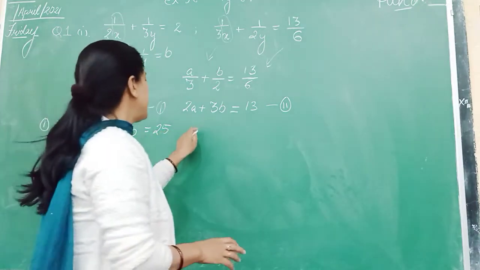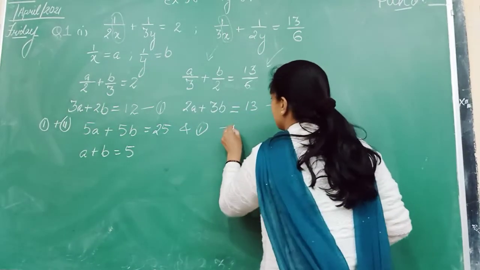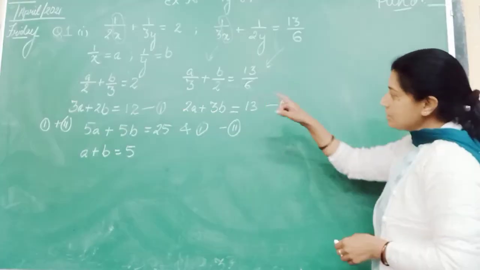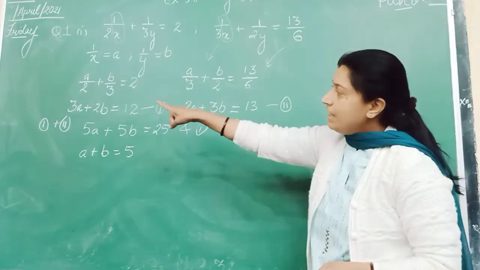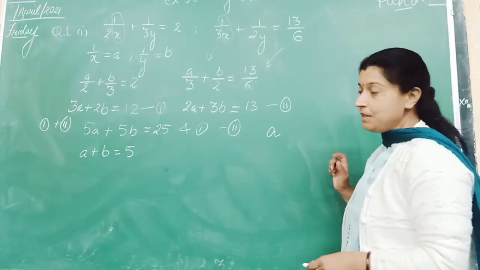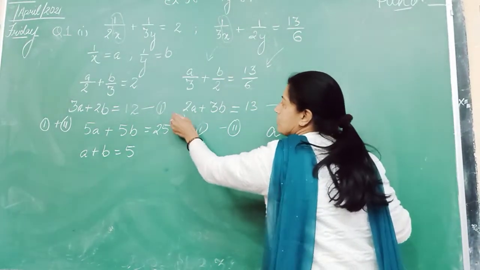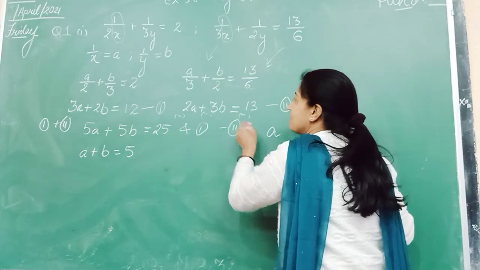Another thing I would have done is I would subtract these two equations. Equation 1 minus 2. If you are subtracting these two equations, it's 3a minus 2a which becomes a. Then it's 2b minus 3b. I am subtracting, so their signs change, these will all become negative.